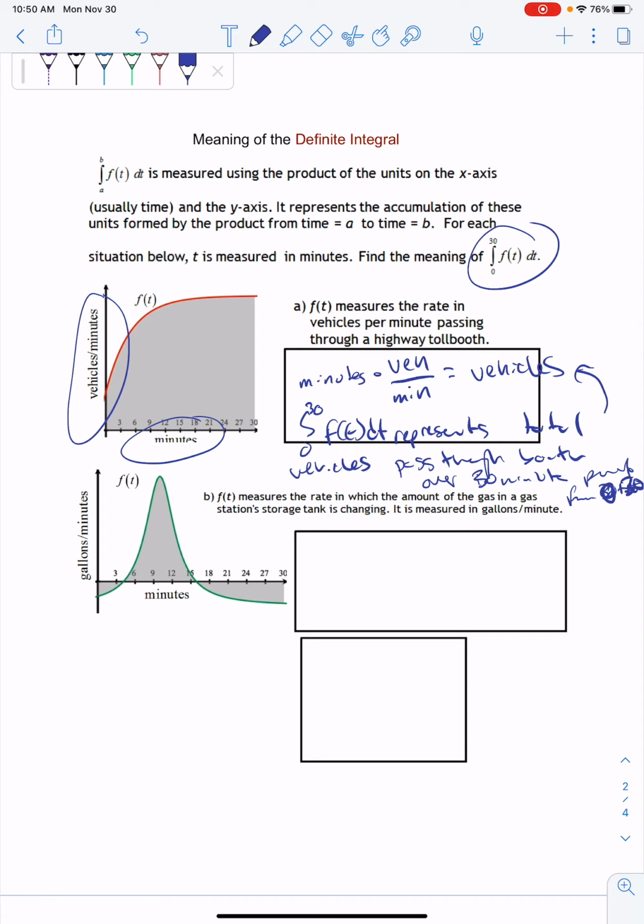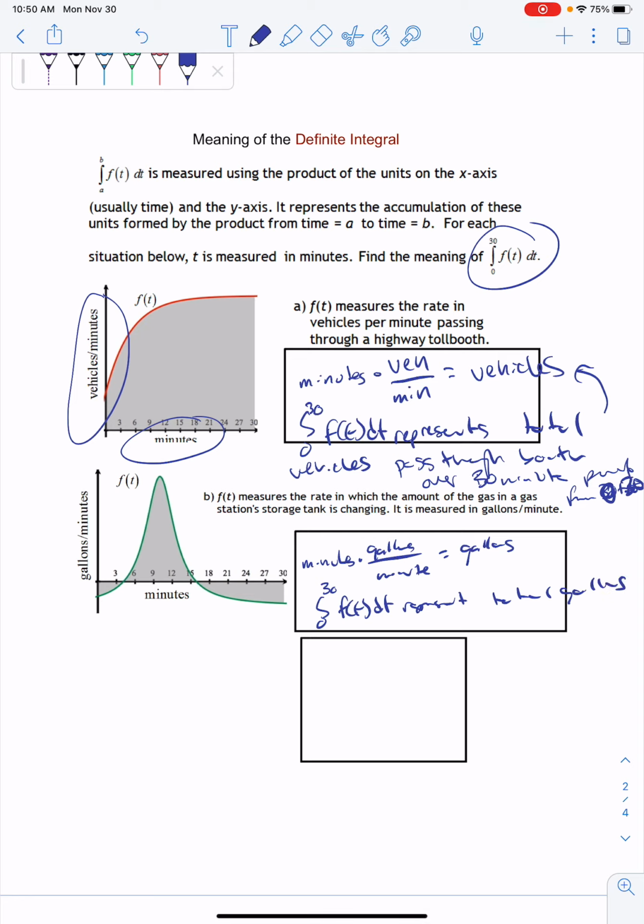The second one, I've got minutes on my x-axis and gallons per minute on my y-axis. So my units are going to be minutes multiplied by gallons per minute, which gives me gallons. So the integral from 0 to 30 of f of t dt represents the total gallons.